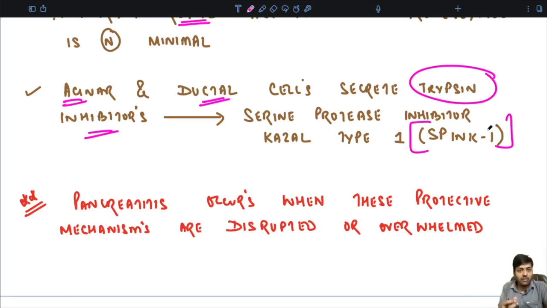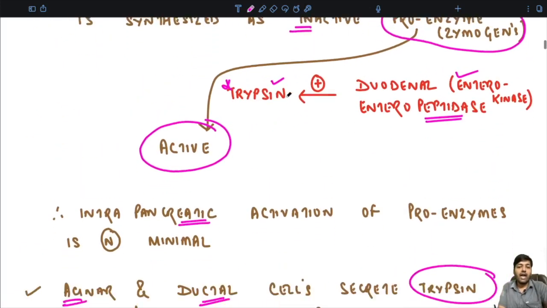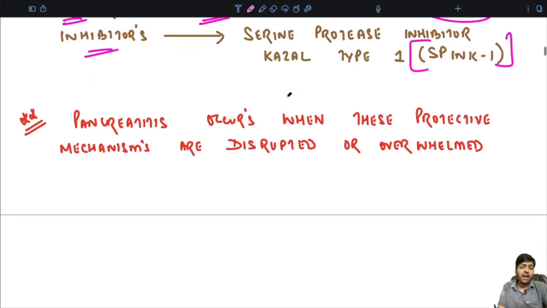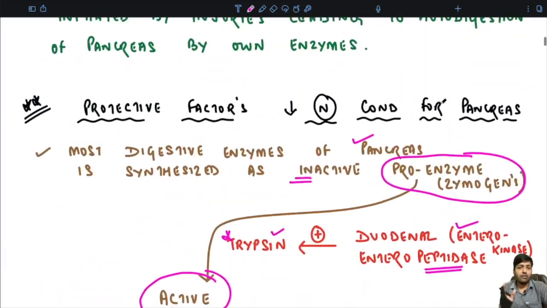So under normal conditions, when there is no food, the acinus as well as the ductal cells are secreting trypsin inhibitors, so that the trypsin remains in the inhibited form and the enzymes are not activated. Pancreatitis will occur when these protective mechanisms are disrupted or overwhelmed. So this is the basics of pancreatitis.